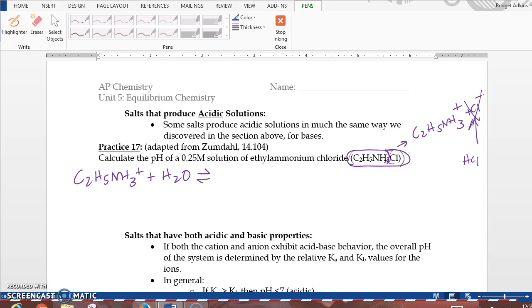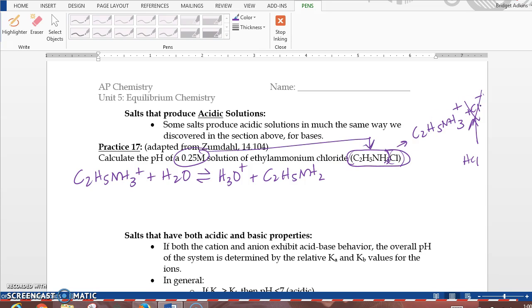Okay, if that was the conjugate base, then this is a conjugate acid. And what do acids do? Acids give up their H's, so that H is going to be transferred to the water and make H3O plus. And then what will be left? The C2H5NH2 neutral.